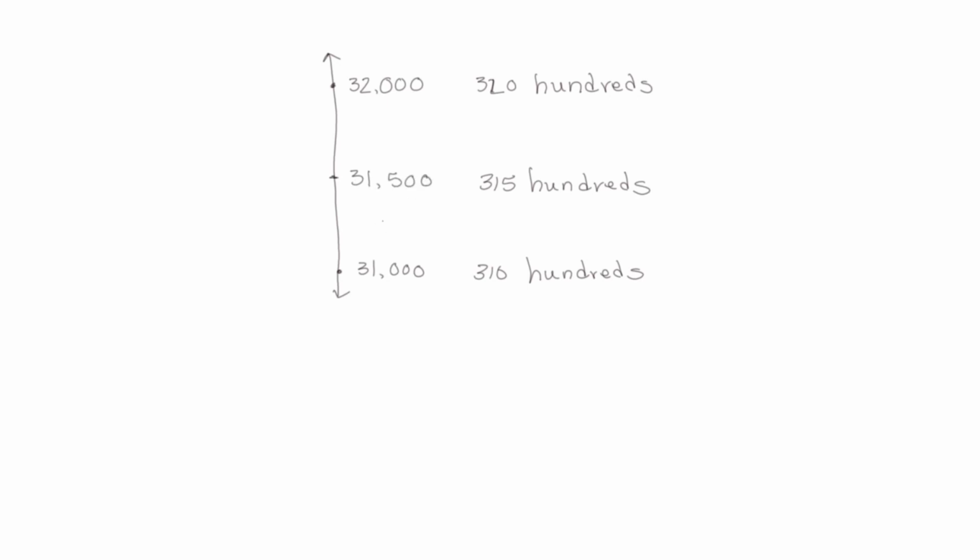So we're going to use this finding midpoints as a way to round numbers using our vertical number line. So let's take another vertical number line, and the number that we want to round is going to be 4,100. We're going to round to the nearest thousand.